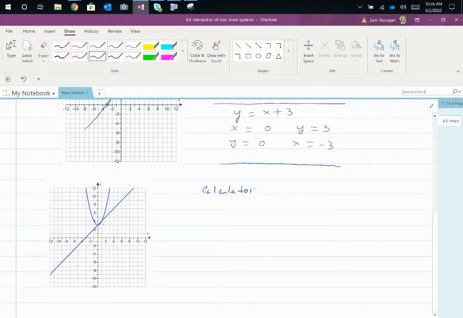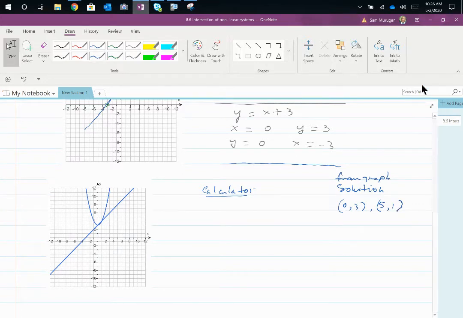And it looks like the intersection occurs at, the solution is at what looks like 0 and 3. And the next one looks like it's at 5 and 1. Okay? From the graph. But we want to verify this with the calculator first.